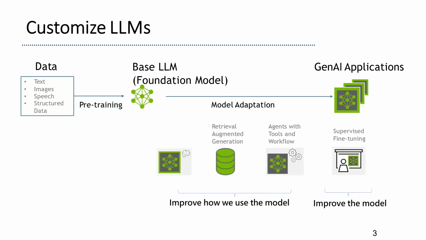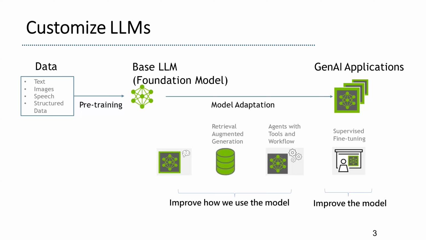When it comes to adapting these models for specific tasks or improving their performance, there are two general approaches. The first approach is about improving the model itself. Here, we talk about fine-tuning the model through supervised training or other methods that will allow us to tailor the model more closely to specific tasks or domains.